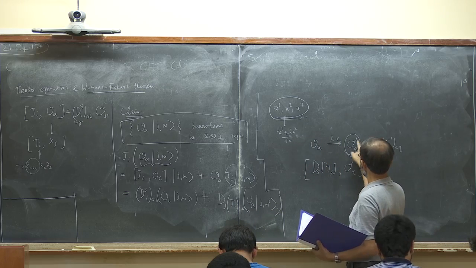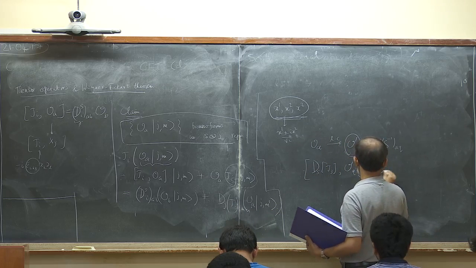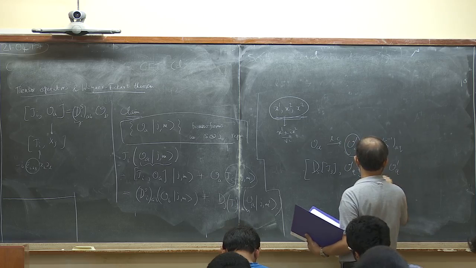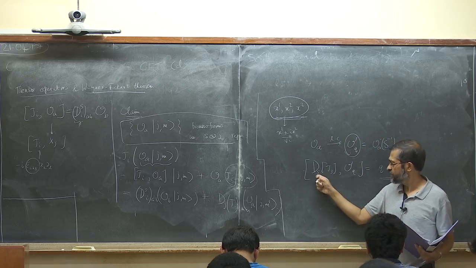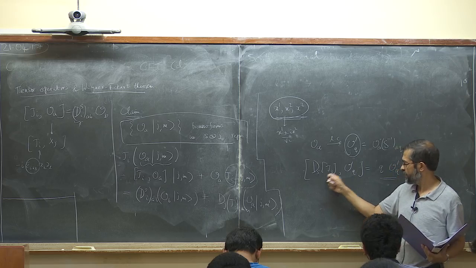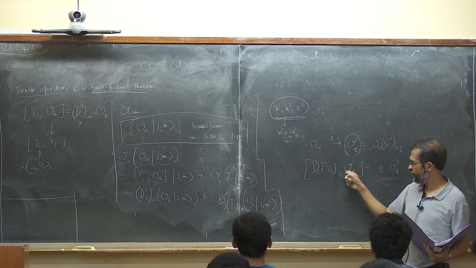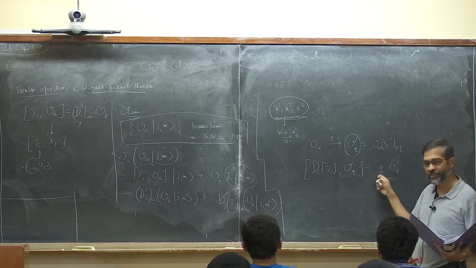That is to say, this simply picks up a Q. The spin-S representation of J_3 acts by commutation on O prime Q to give you Q.